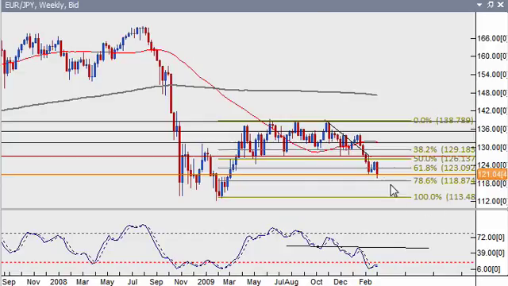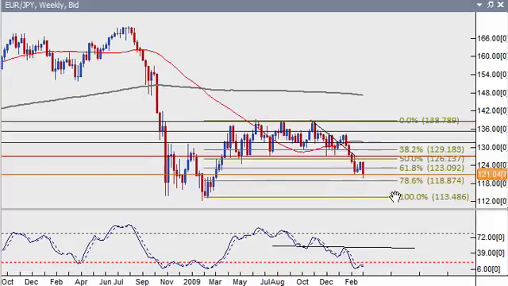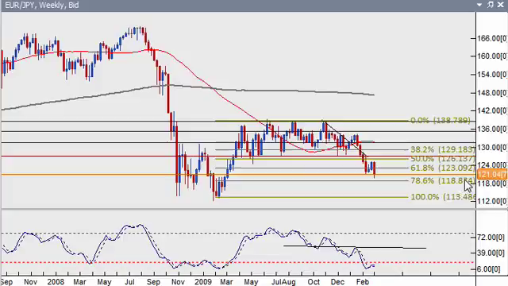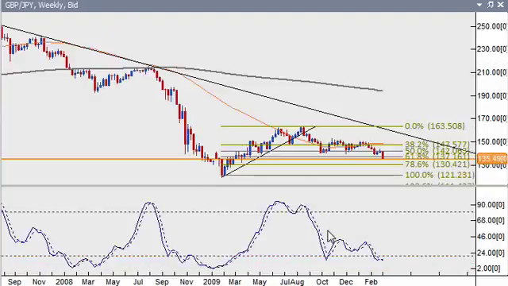Euro yen also is nearing the 78.6% retracement here at the 118.90 area. Looking at the stochastic, we see that the pound yen has already been very bearish and continues to be bearish in the current week.